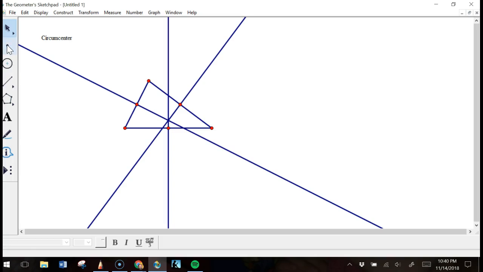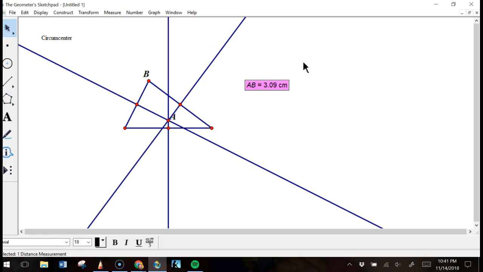Okay, so lo and behold, all of them meet at a single point here. That point is what we call the Circumcenter. Now, the reason why, well, we'll get into a couple things here. One, this point is the same distance from all three vertices.